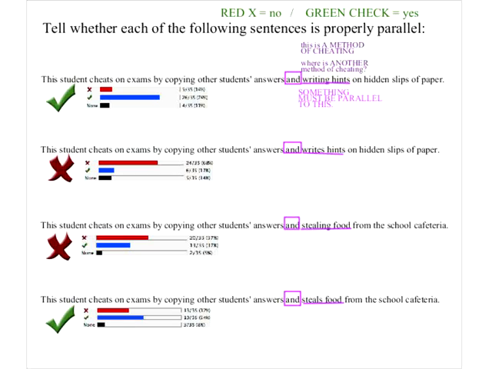So that's the only idea that is parallel to this one, is copying other students' answers. So that's how you process it. Okay, this word over here, cheats, we don't really care about this word. We don't care if it's parallel or not. This idea is not parallel to any other idea.